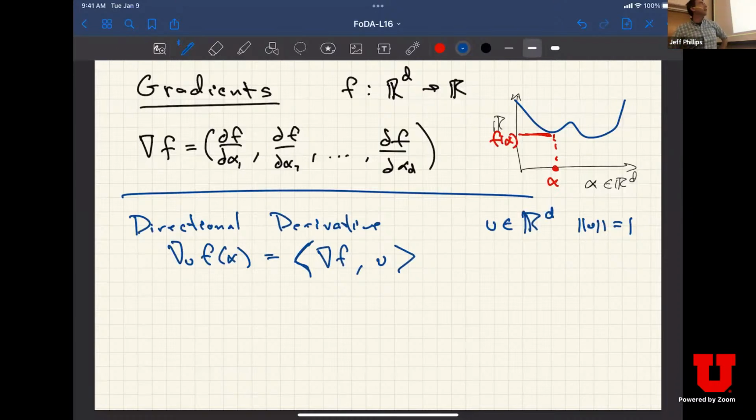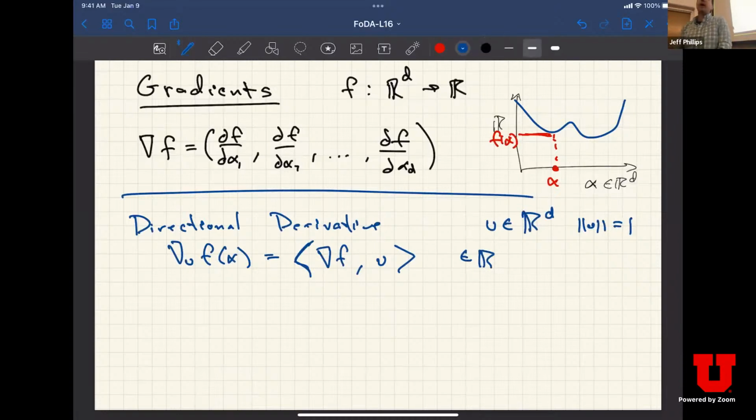We take the direction we want the derivative in, and take the dot product with this gradient vector, and the output is just a real value again. Remember, the output of the gradient is a d-dimensional vector, but for a directional derivative I'm looking at one direction, how quickly is it increasing in that direction? So this is just a scalar value as the output.